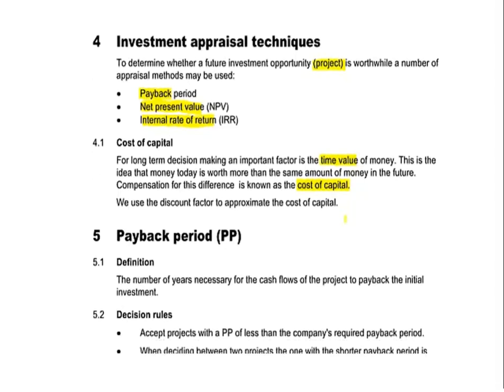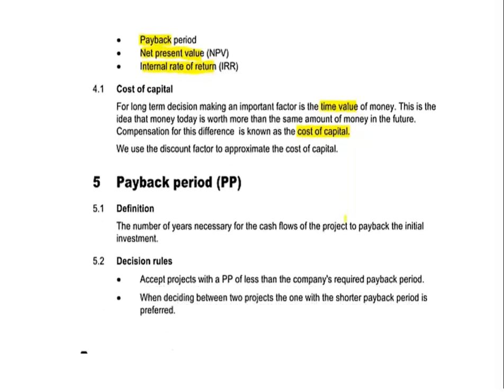The first technique that we're going to be looking at then is payback. That literally looks at how long it takes for the cash flows of the project to pay back the initial investment. So if you spend £100 on something that's going to save you £25 a year, it's going to take 4 years to pay back.